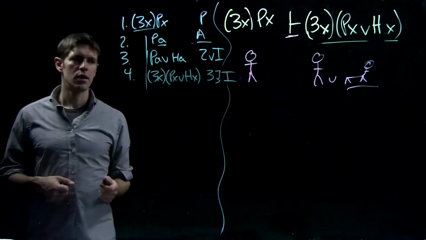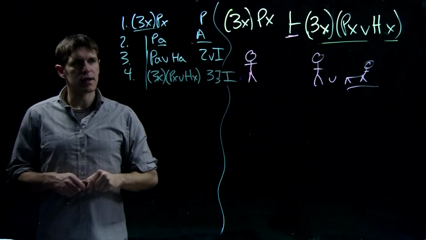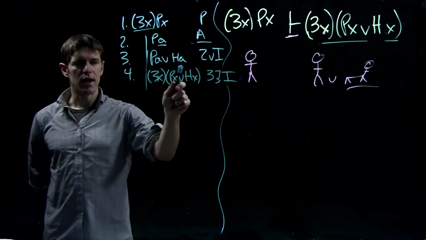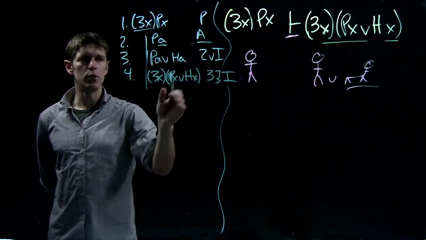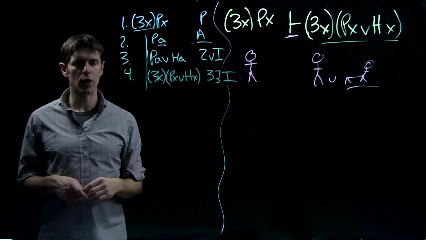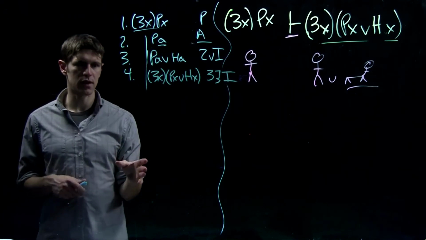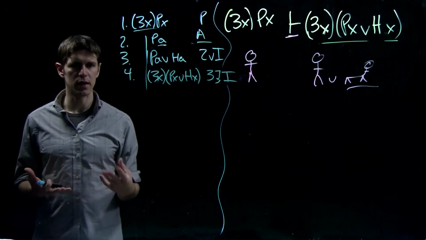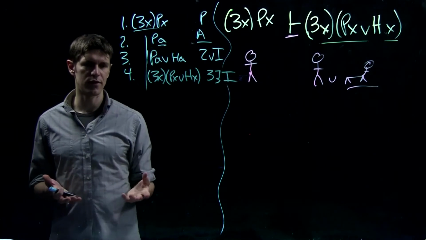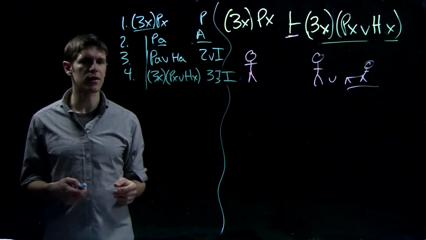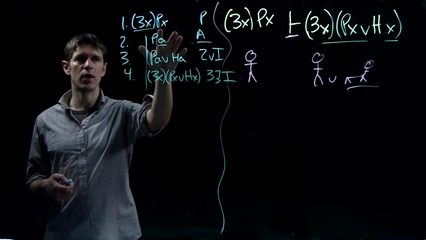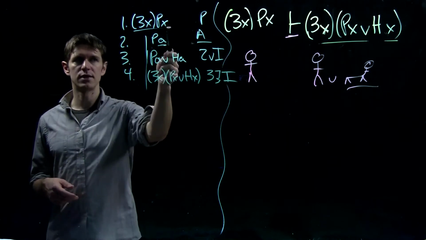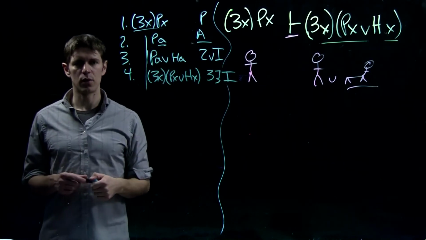introduction. The idea here is that since this A is a name, we want to make sure we remove that name from the proof. We don't want to reinsert it into the proof because we don't want it to convey that there is an individual who we know specifically that has this particular property. We're saying that someone has the property, not an individual that we're naming.